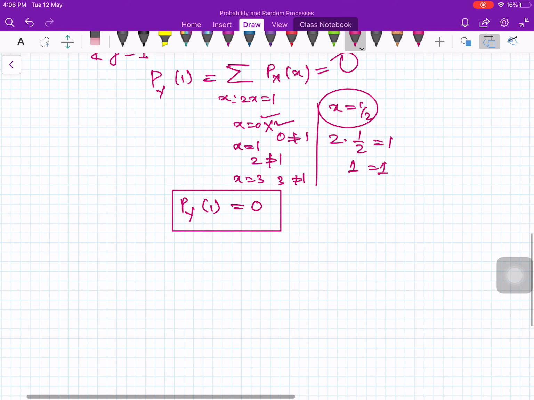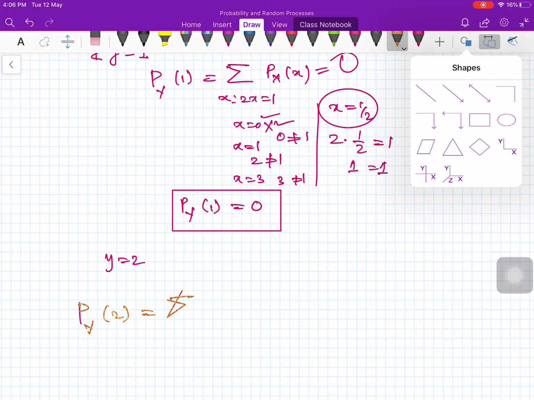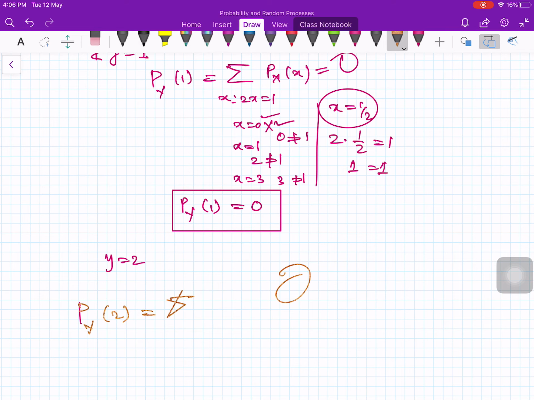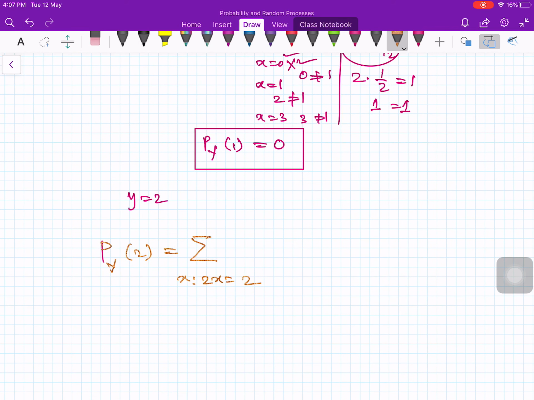Fine. Now let me put y equal to 2. Then p_Y of 2 is the summation over the set of all x's such that 2x equals 2. Substitute x equal to 0, then 0 is not equal to 2.